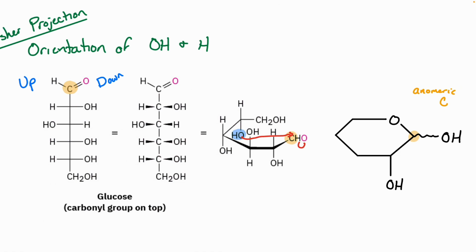If I look at my next carbon, let's just number these actually. Carbons 1, 2, 3. All right, carbon 2, the OH group is on the left, so that's going to be pointed up. And carbon 3, the OH group is pointed down.